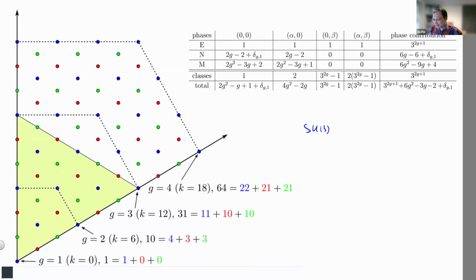And the fundamental domain of that action is this kite-shaped region. For different levels, it's of different size. And then one again counts the number of points inside this. And that's exactly this 3 times 2g plus 1 times g minus 1 plus 1 plus delta g comma 1.